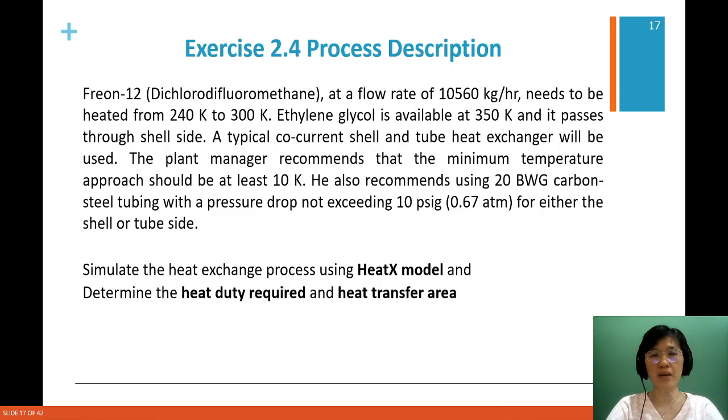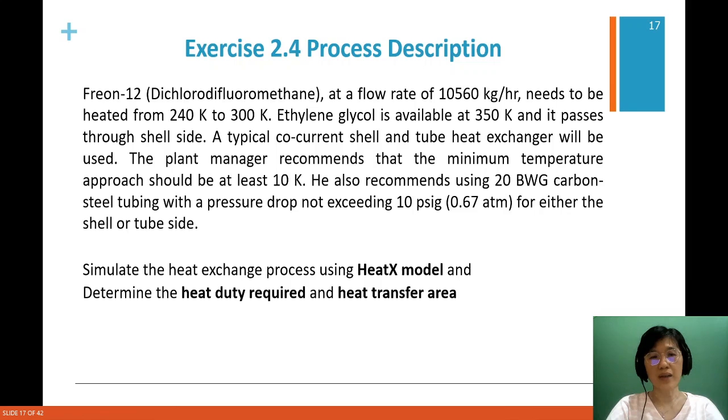So a typical cocurrent shell and tube heat exchanger will be used, and the plant manager recommends that the minimum temperature approach should be at least 10 Kelvin. He also recommends that the tubing should use 20 BWG carbon steel tubing with a pressure drop of at most 0.67 for either the shell and the tube side.